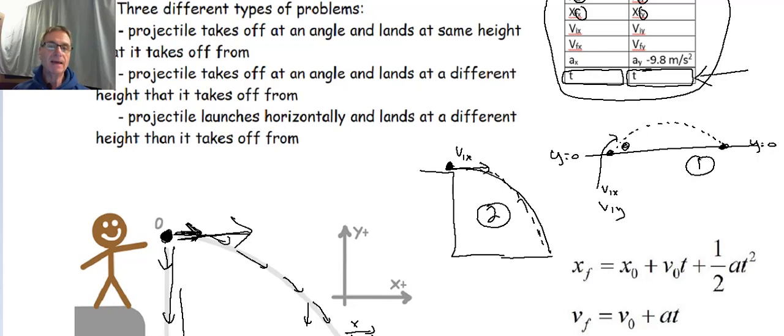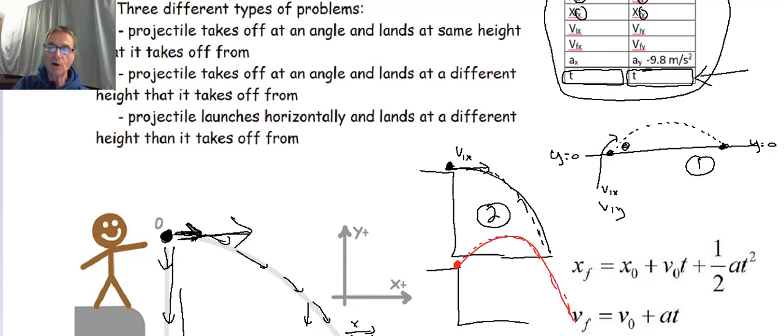Problem number 3 is similar to problem number 2, whereas I may have something like this. I'm running out of room here, so I'm going to do it in another color. I have an object up here, and instead of firing out horizontally, it's going to fire out with a vertical and a horizontal component. So it's going to take a path that looks like this.